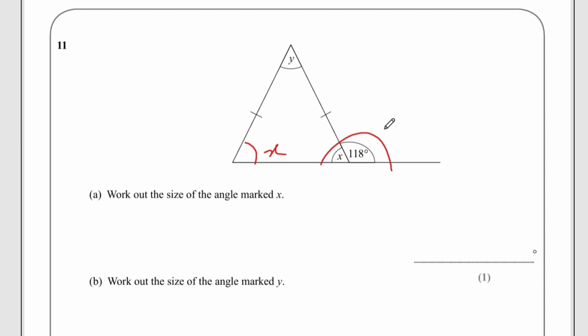I can simply do 180 minus 118, and that will give you 62 degrees. So X is 62. And then find Y. So if X is 62 here, remember the other side is also 62. This is 62 as well.